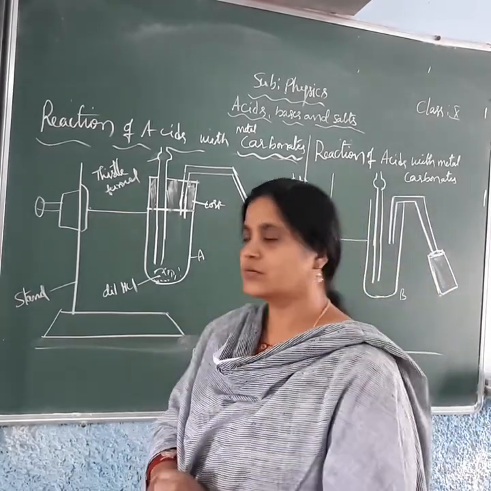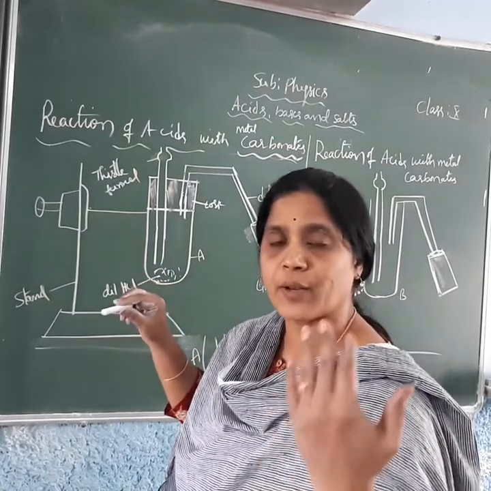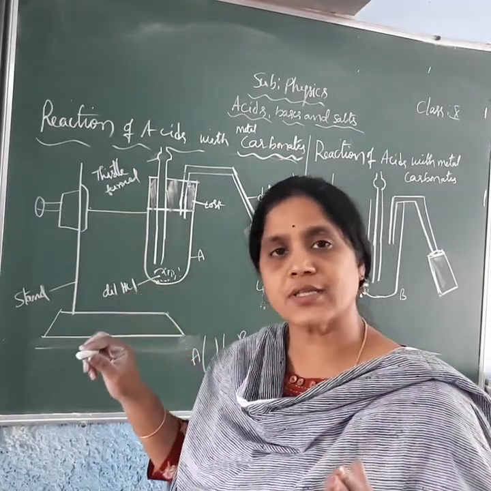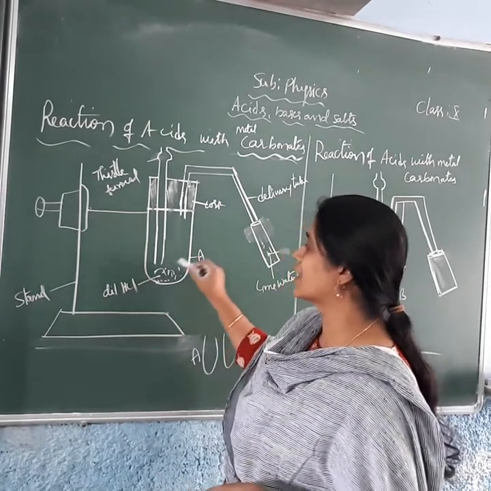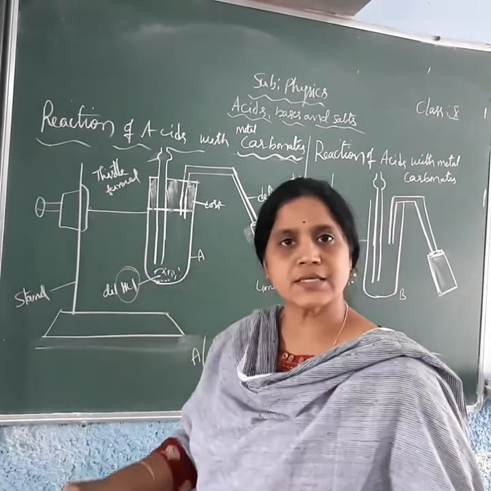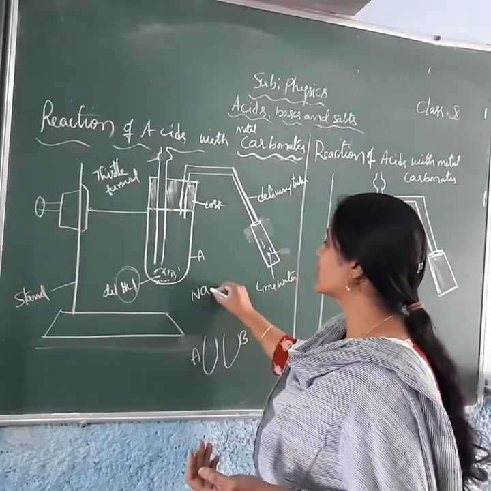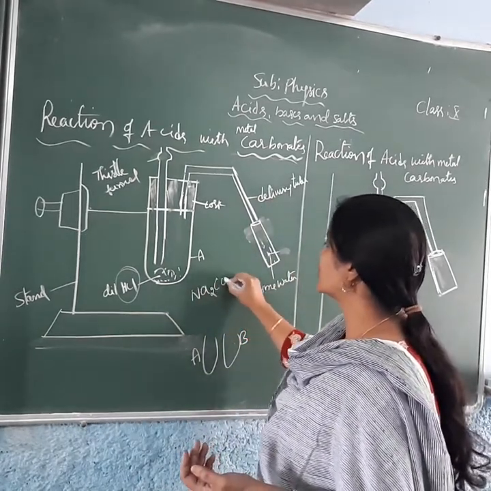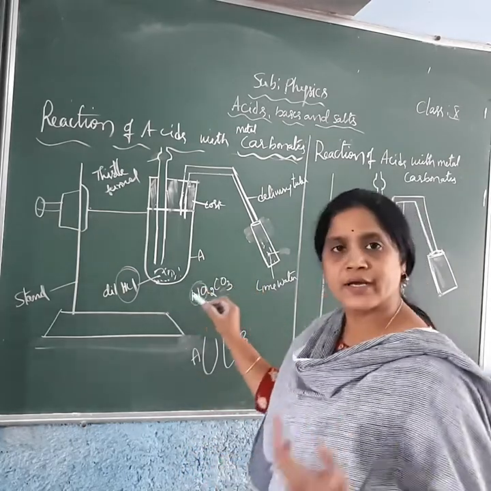Now, what is our reaction when acids react with metal carbonates? Acids means you have to take dilute hydrochloric acid, and metal carbonates means sodium carbonate, Na2CO3. Sodium is a metal, so this CO3 comes under carbonate.